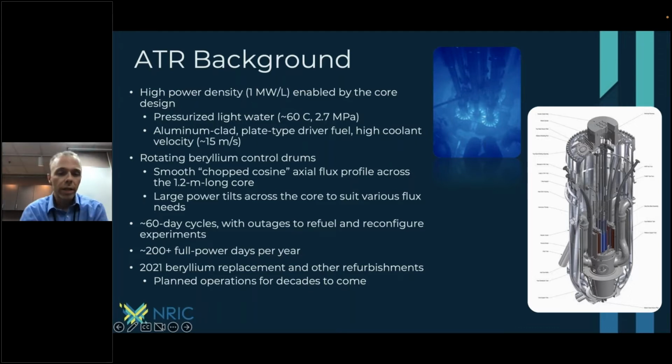It has a high capacity factor, at least for an MTR, maybe not compared to a commercial plant, but for a material test reactor, we typically run 60-day cycles and over 200 effective full power days per year. Very recently, its beryllium reflector was replaced, and there were some other refurbishments performed. You know, the facility is planned to operate for decades to come. Next slide, please.